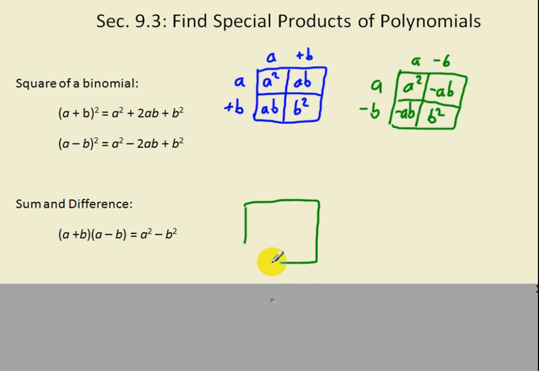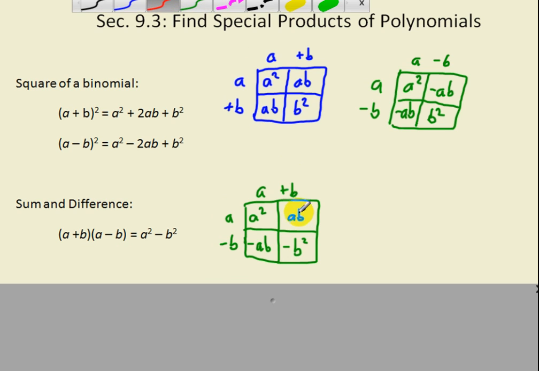Okay, so let's look at this one. Here we have a plus b, and then that would mean in our column we have a minus b. So we still get a squared here, and then we have a times b is ab, and then a times negative b is negative ab, and then b times negative b is negative b squared.